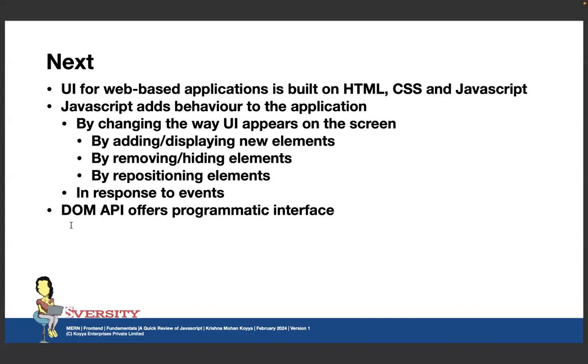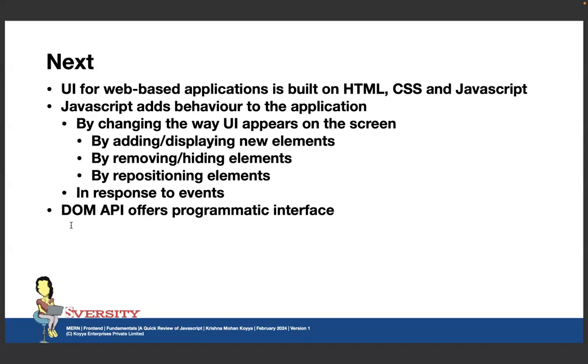All right, suddenly a video appears, means you are adding a new video element dynamically. Suddenly the password dialog disappears, means you are hiding an element or removing the element completely. So such behavior you can build using JavaScript, in response to events. For example, on a login screen, you click on sign in, then error messages may appear or your home screen may appear.